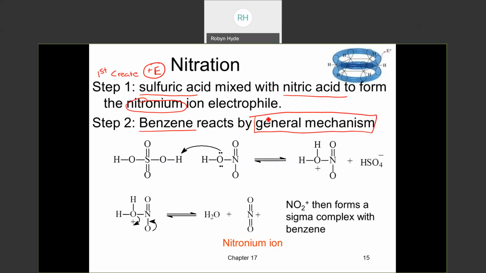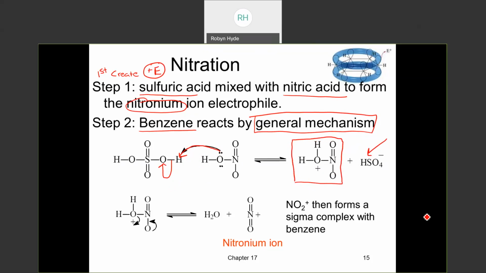Okay, so let's talk about the sulfuric acid with nitric acid. What happens in the first step is that the nitric acid gains a proton from sulfuric. The second arrow is going to be, I break that bond, put those extra electrons onto the oxygen. The result is I have protonated nitric acid, and then I have formed the conjugate base of sulfuric, the HSO4 minus.